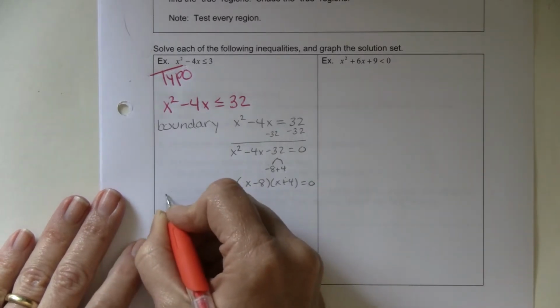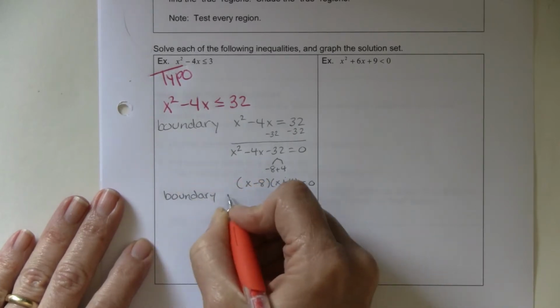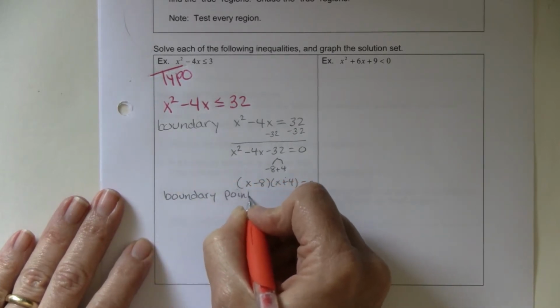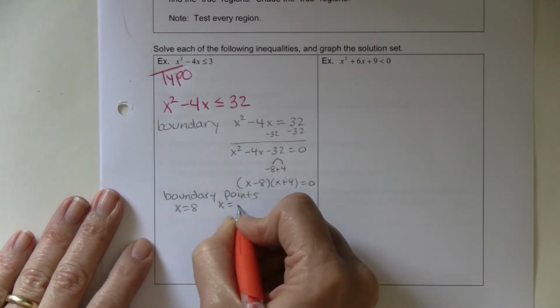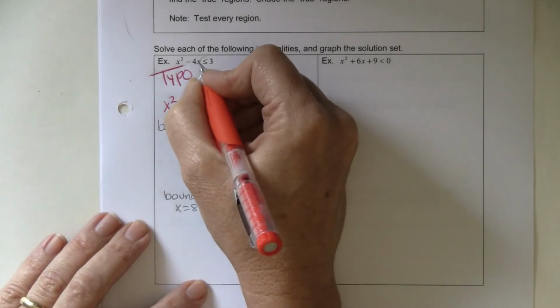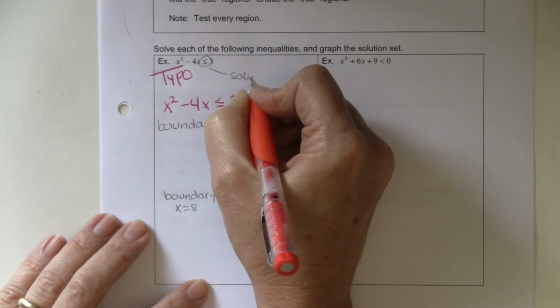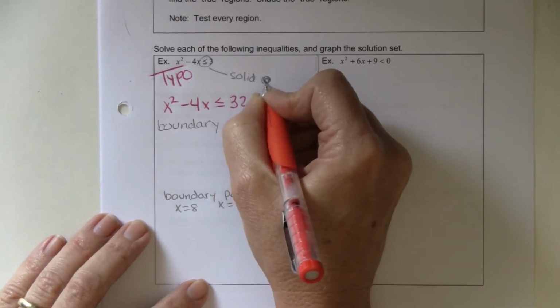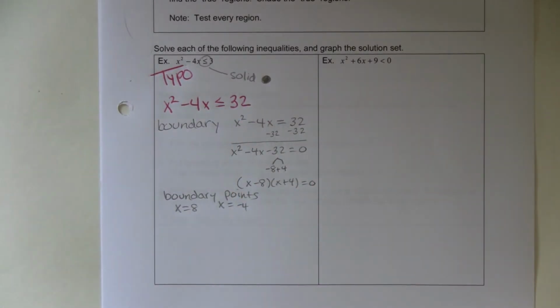And so our boundary points are x is 8 and x is -4. Because this was less than or equal to, we know that we're going to make solid circles, because 8 is actually a solution and -4 is actually a solution.